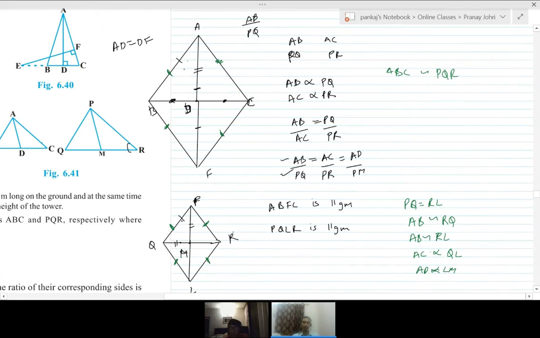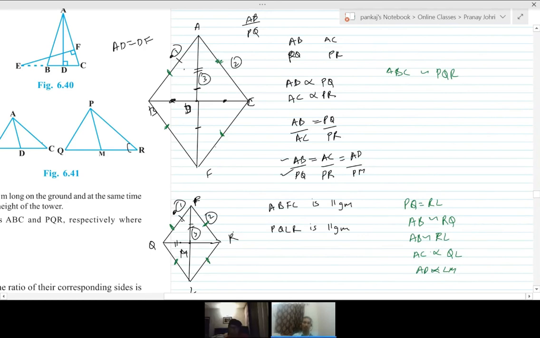We are already given AB by PQ. This is the first ratio. The second was AC by PR. So this is the second ratio that was given to us. AD by PM, this is the third ratio.